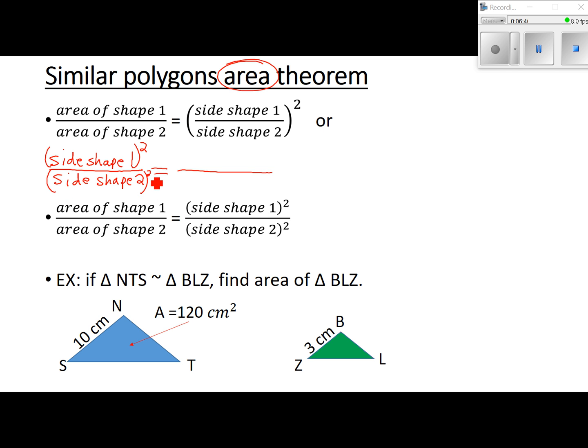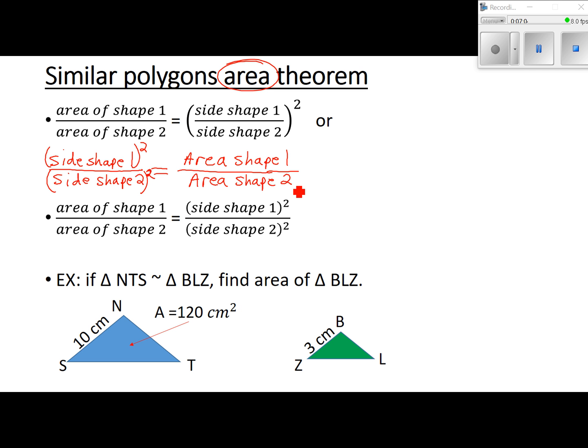So you have to square each one of those. And then that's going to compare to, or equal to, the area of shape 1 and the area of shape 2. So every time we're just going to set that up.